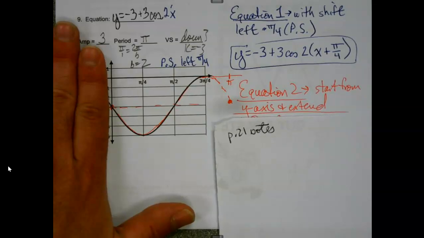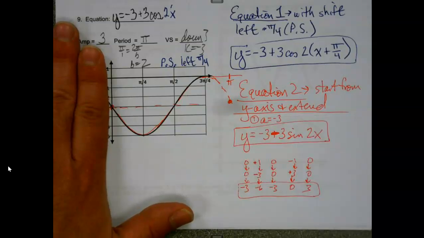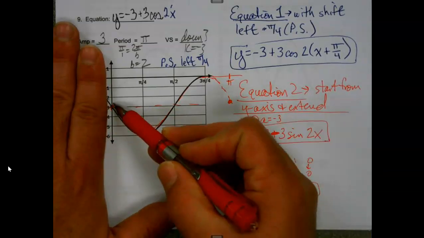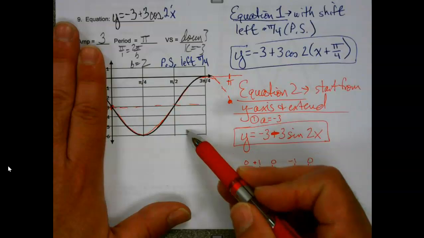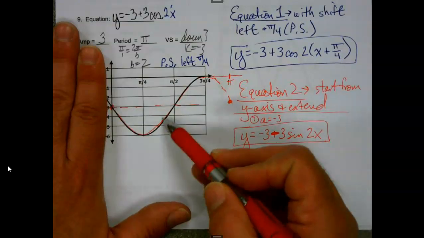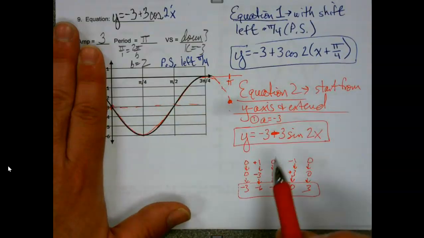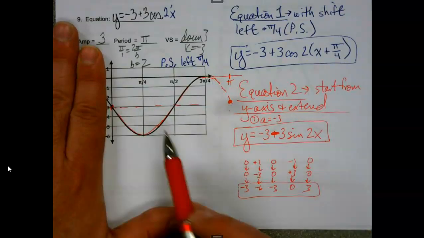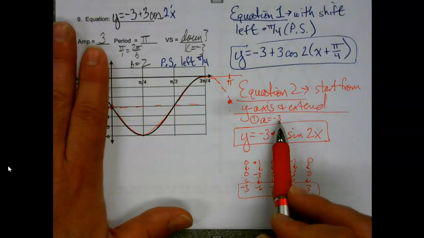Also, besides the fact that now we've extended out, a normal sine graph goes up and then down and then up. This is flipped. So since it flipped, my A value, not my amplitude, just the A value, is -3.